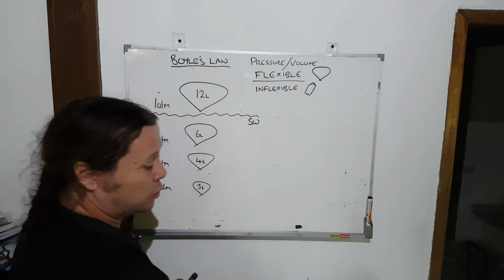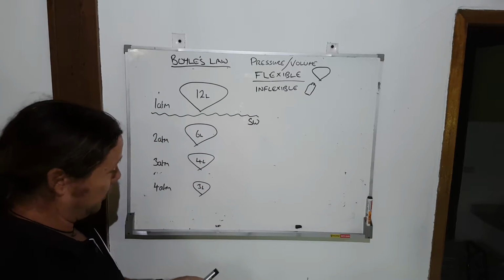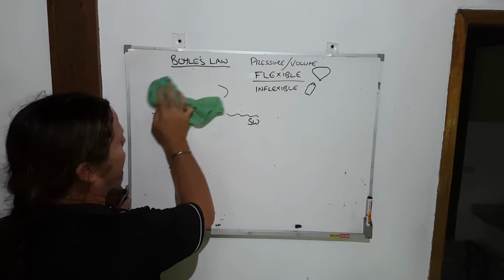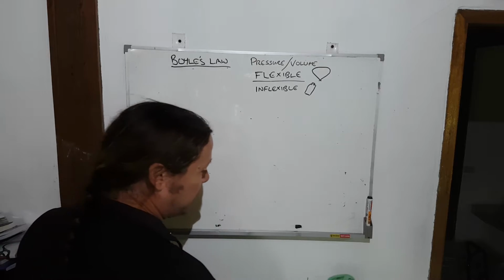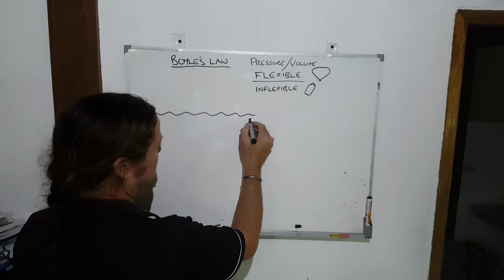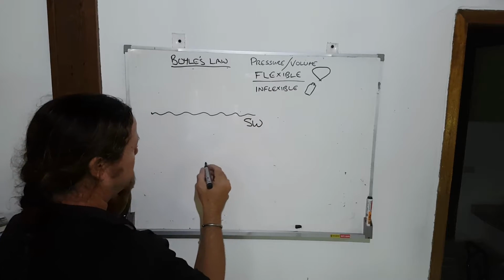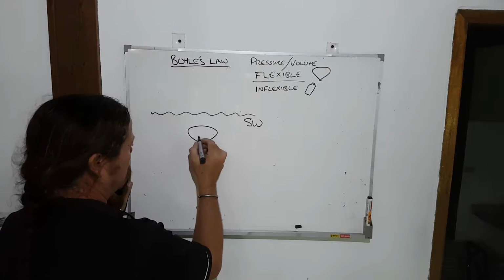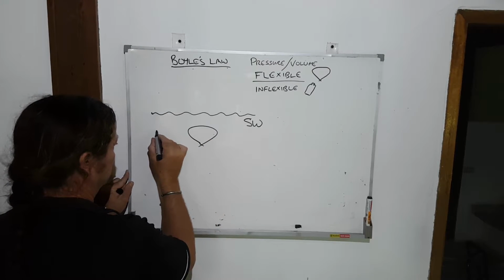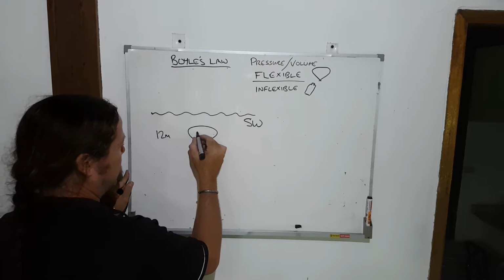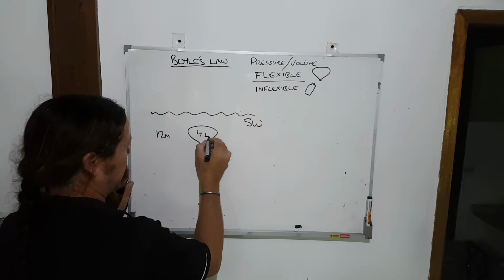Let's do something more similar to what you'll find in your exams. Let's keep a balloon underwater for a moment. Again, we'll work in salt water. And this time, I have a balloon and it's 12 meters deep and it's 4 liters big.